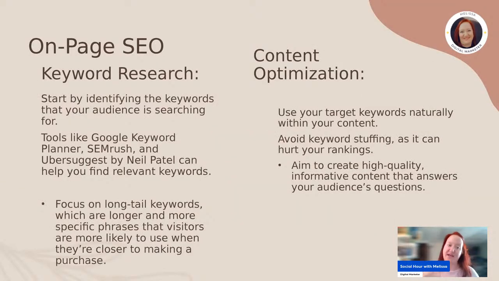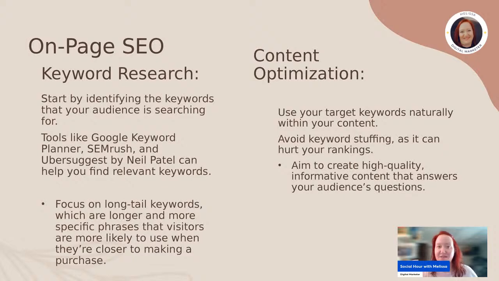This is where we're going to take a look at a few key areas that we will focus on for on-page SEO. All right, you're going to focus your attention on keyword research. Researching your keywords is imperative in making sure that your website is ranking and being found for your business.